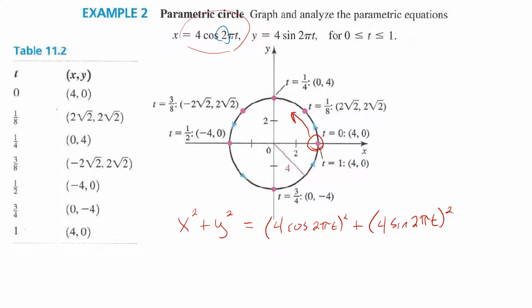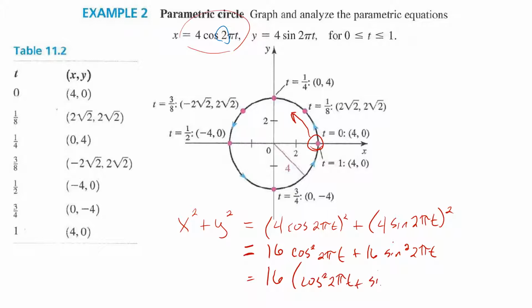We could square these to get 16 cosine squared of 2 pi t plus 16 sine squared of 2 pi t. Factor out the 16, and we get cosine squared 2 pi t plus sine squared 2 pi t.